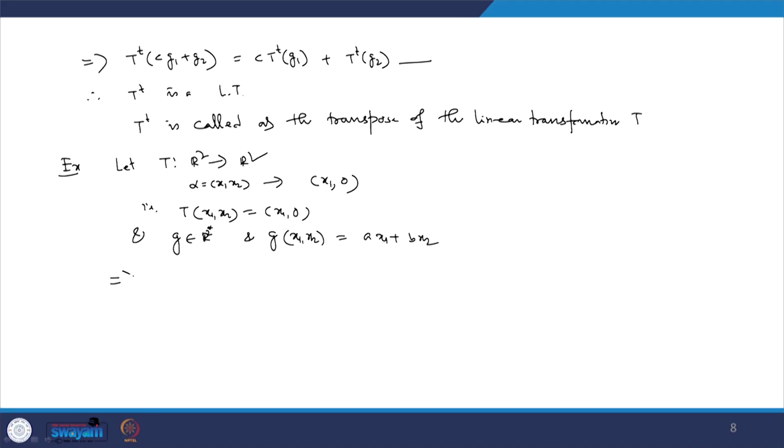So, this implies T t operating on g of alpha will be g of T of alpha, which is g of x1 comma 0, which is equal to a x1. So, we will continue with this in the next lecture, please.